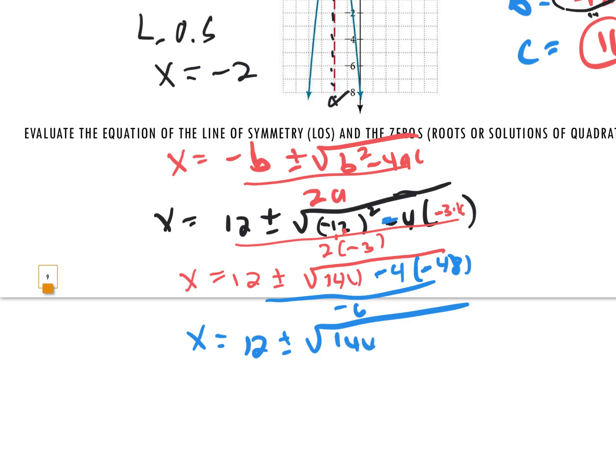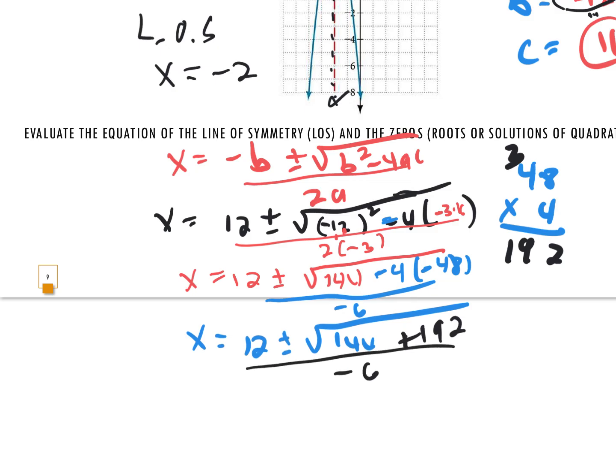Minus times minus is a plus. And if you don't know what 4 times 48 is, it is okay to do scratch work somewhere, especially if you don't have a calculator in your hand, which I don't. 8 times 4 is 32. 4 times 4 is 16, plus 3 is 19, so 192 plus 144, all over a negative 6.